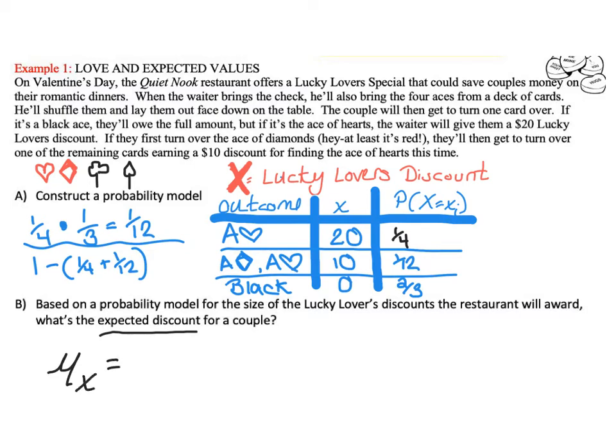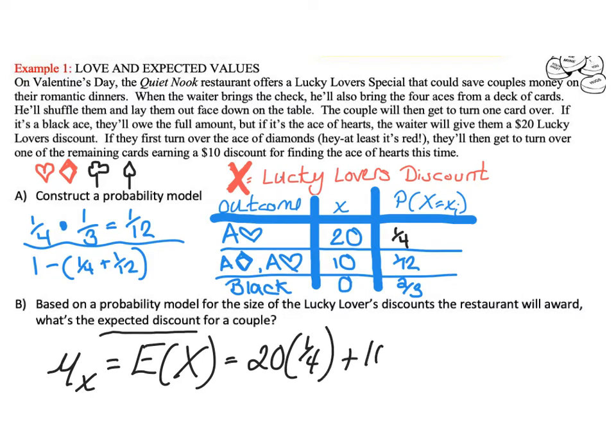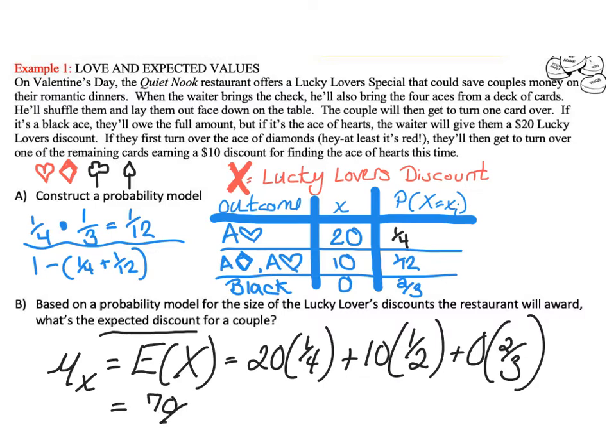So we write mu of x is equal to the expected value of our random variable, so I'm using capital X, which is equal to 20 times 1/4 plus 10 times 1/12 plus 0 times 2/3, which is equal to 70/12, or approximately 5.83.